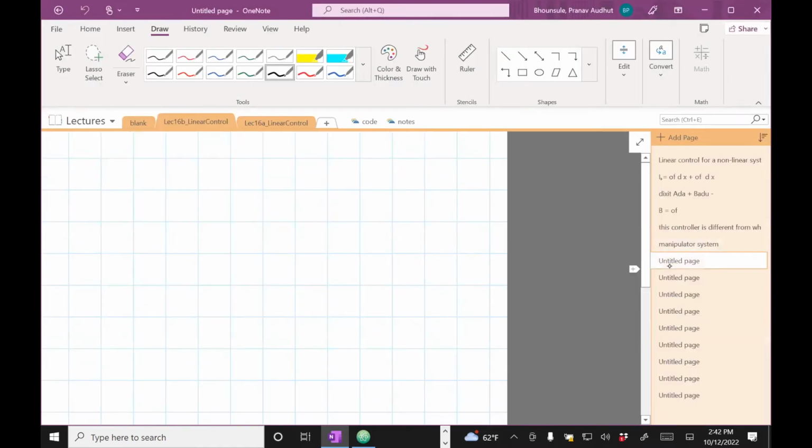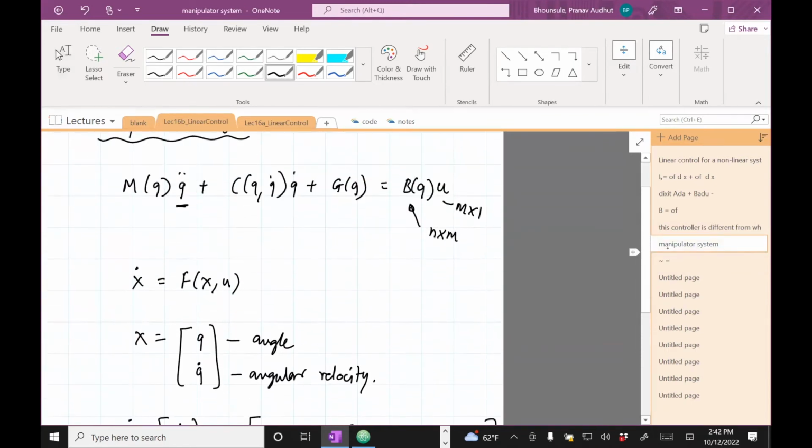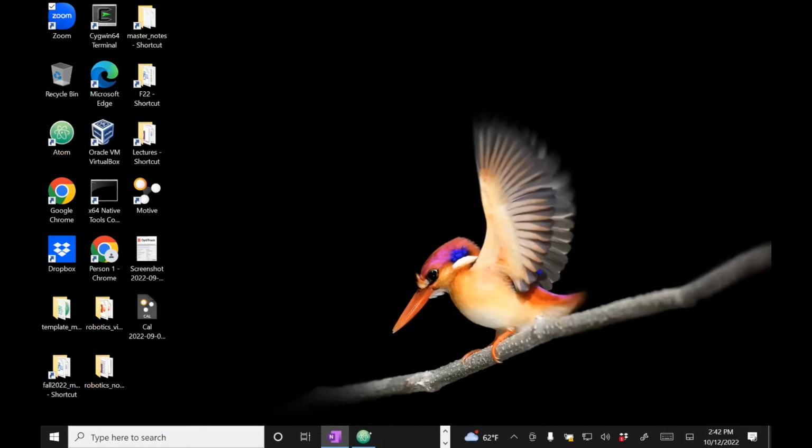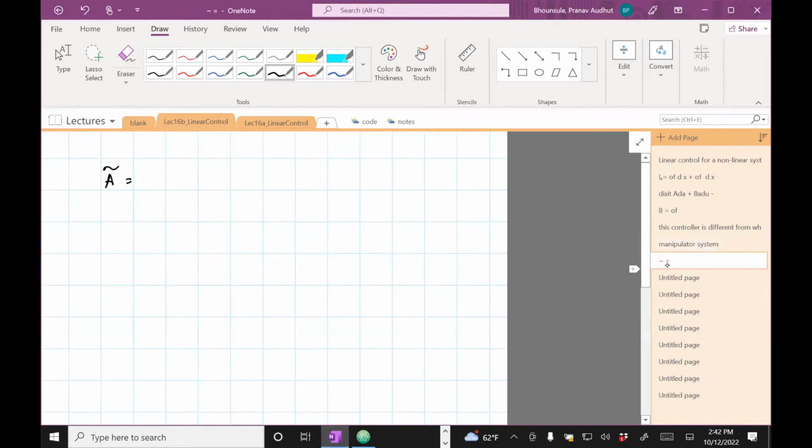So we need to compute A and B. Now I'm going to write that A as A tilde, just because A is not the problem, it's going to be B. I already assumed a B to be in here, and if I use another B, it's going to interfere with that B, which I defined. So I'm going to call that B tilde, that's a linearization. So A tilde will be df dx, and B tilde is df du.